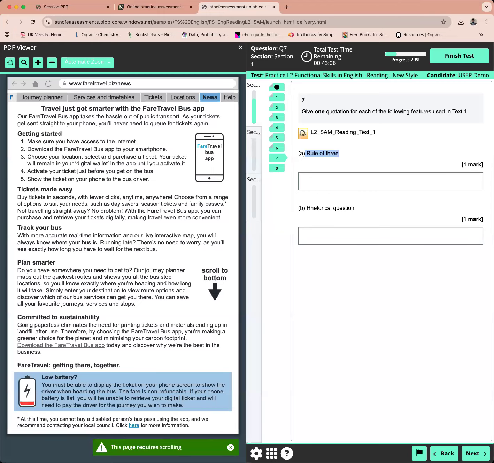The writer is using three different instances in the writing, and in these three instances, the information which the writer is trying to convey means the same. That is what is called the rule of three.